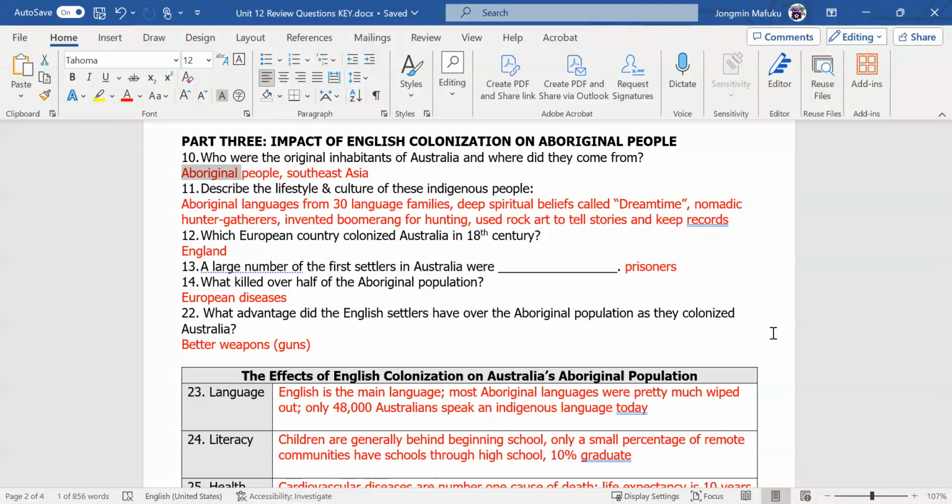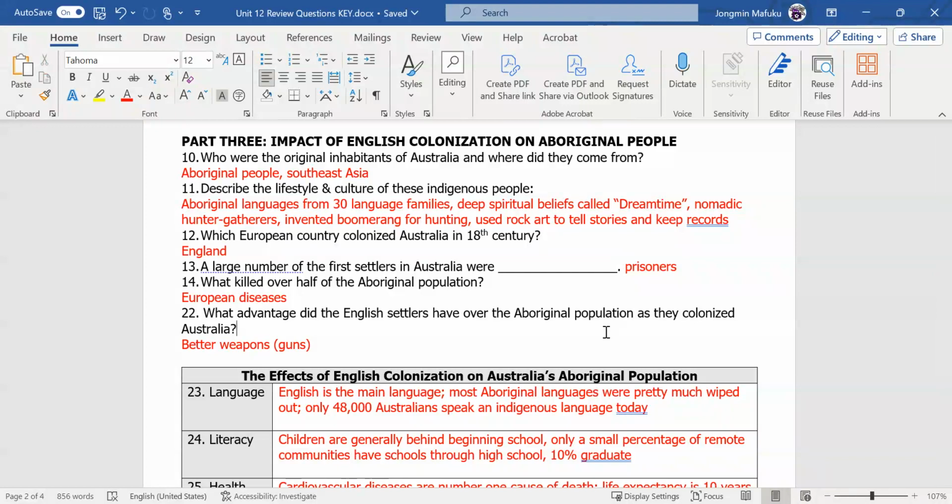Which European country colonized Australia in 18th century? The good old England, UK. A large number of first settlers in Australia were prisoner. We know that at first, the English boy, Captain James Cook decided to say, this land is very, very good to send some prisoners down.